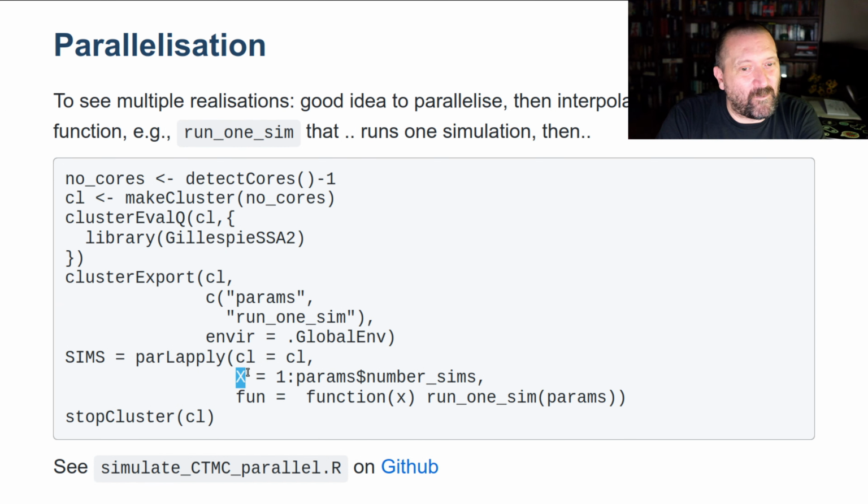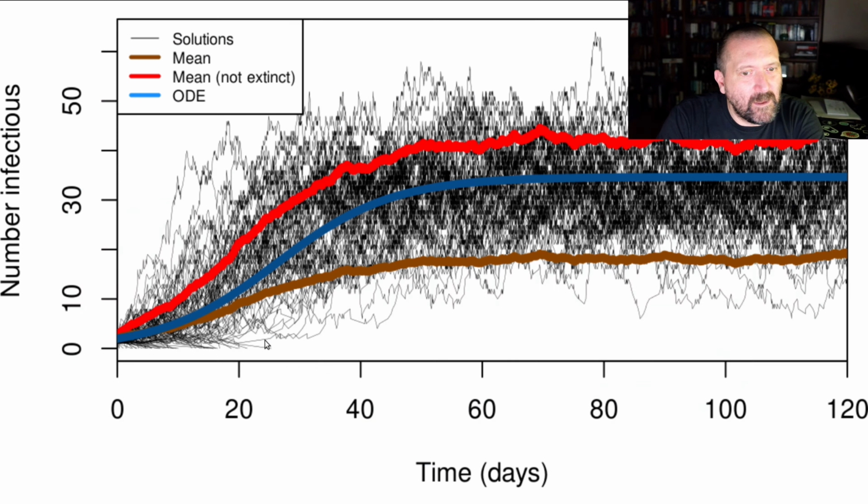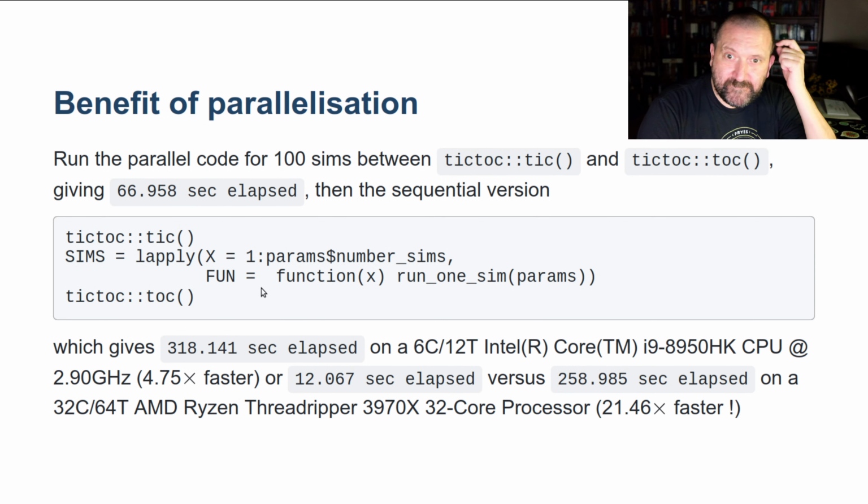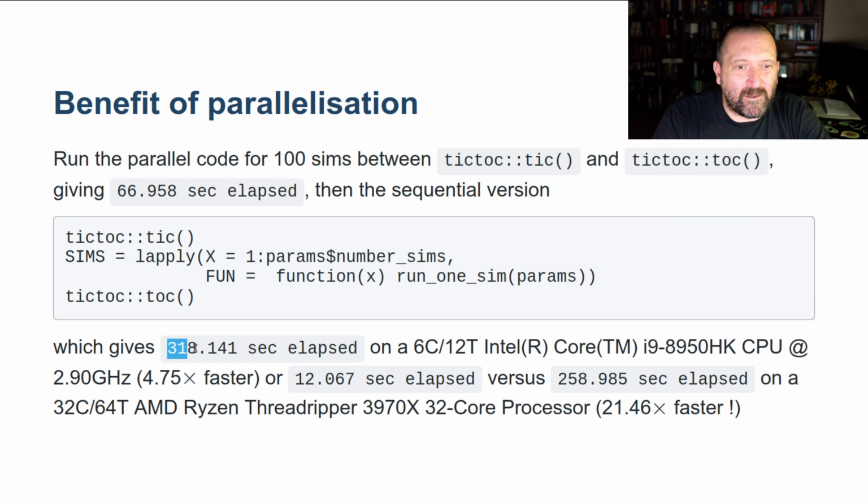The argument for the data in par L apply is capital X and little fun, whereas the argument for L apply is capital X and capital fun. This is a little frustrating, but if you do this sequentially, you get 318 seconds instead of 66. And that was on a 6-core, 12-thread machine.